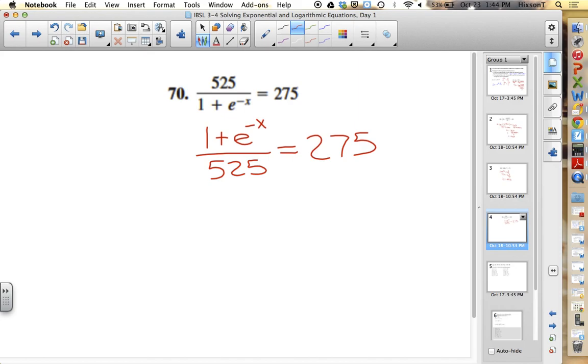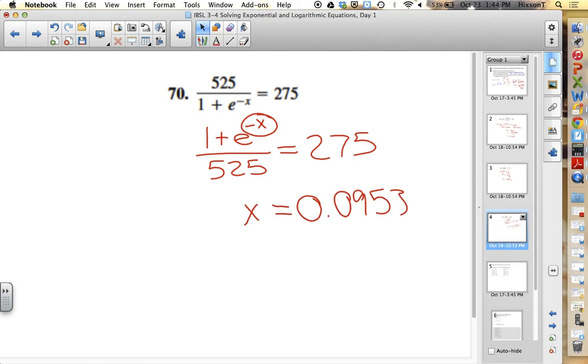Listen, please. You guys were right all the way to the end, except this is a negative x. You had negative 0.09, it should have been positive 0.09. So x is positive 0.0953, and so on. Alright, good job.